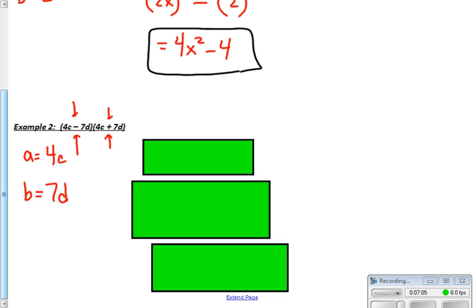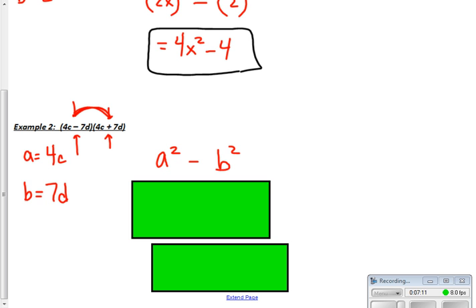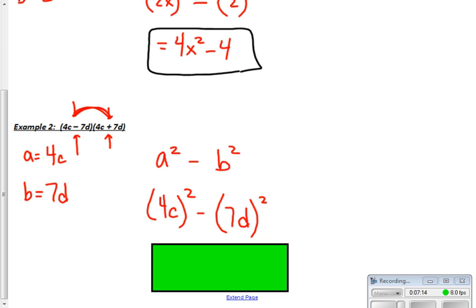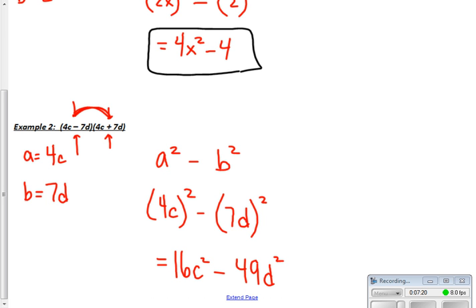We can flip-flop these two if we need to. So we're still able to use the equation a squared minus b squared. Substitute in your values. We have (4c) squared minus (7d) squared, and we'd wind up with 16c squared minus 49d squared. This concludes lesson 31, 4-5, special product polynomials.